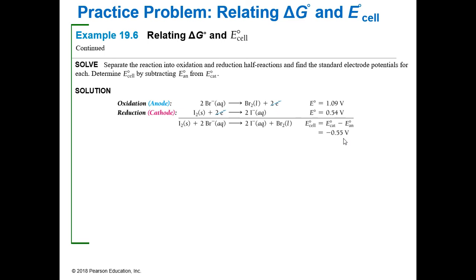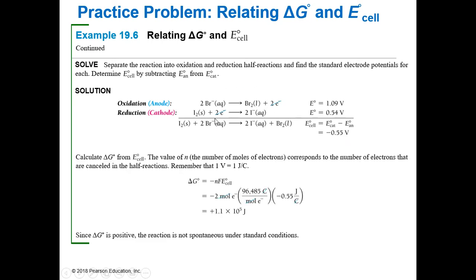Okay, when they balance those reactions, right, you need to end up having 2 electrons. That would be N, that would be your moles of electrons. So delta G equals negative N, so that would be 2 moles of electrons, F, which is Faraday's constant, times negative 0.55. Another unit of volts is joules per coulomb.